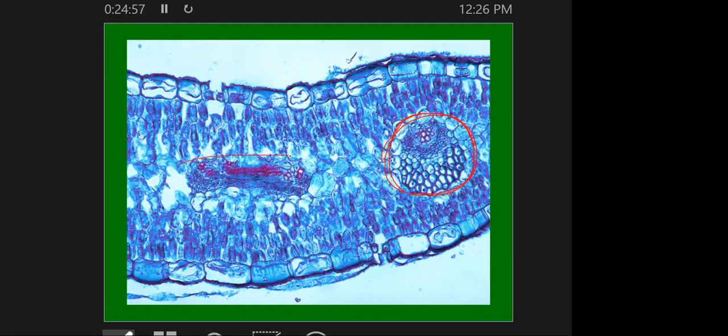But this one too is also a vein. It's just that when they made the cut to make the slide, the vein is getting cut along its length. So when they sliced it, it's cut along the length, whereas this vein is coming out directly at you. You cut it, then it's a cross section.